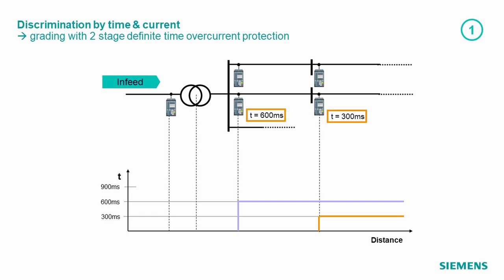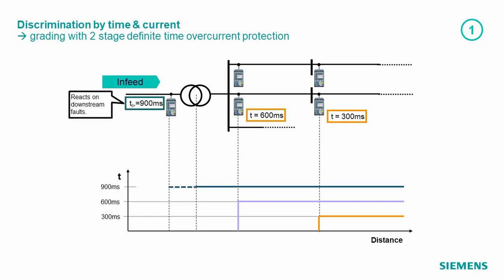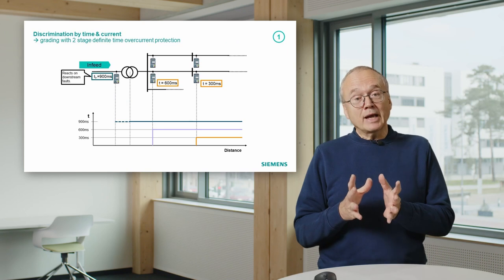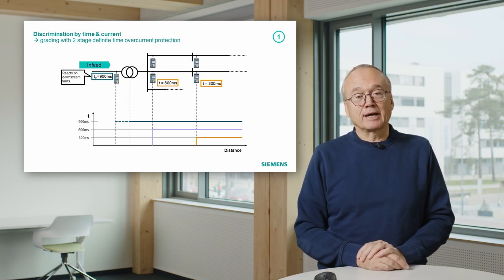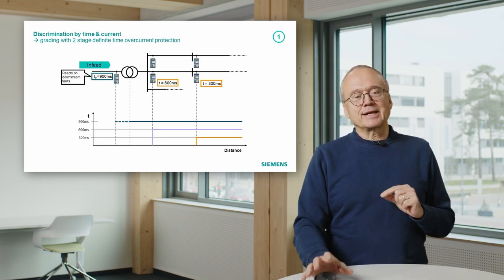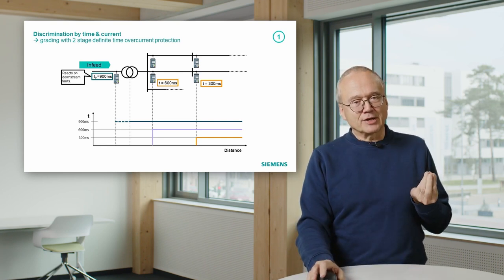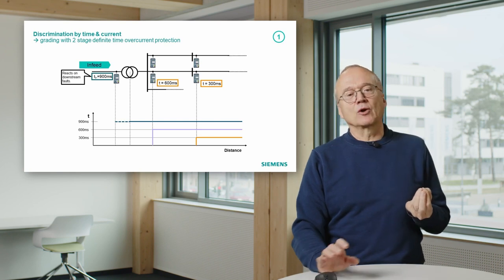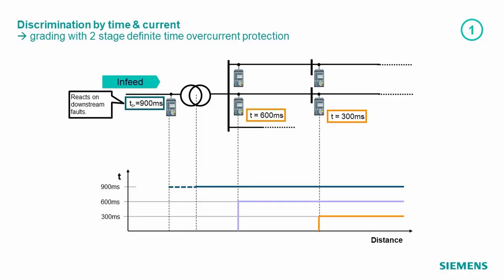And now we could say, okay, we take the 900 milliseconds for the leftmost relay, which would then look at short circuits on the bus bar, and which would also serve as a backup for the downstream relays. And now we can take the current as a criterion and can say if this relay on the left side sees a current which is high enough, it knows that is not a short circuit on the medium voltage side of the transformer.